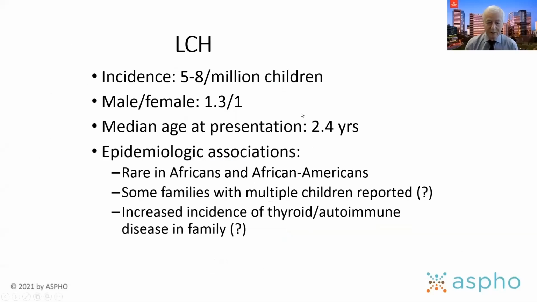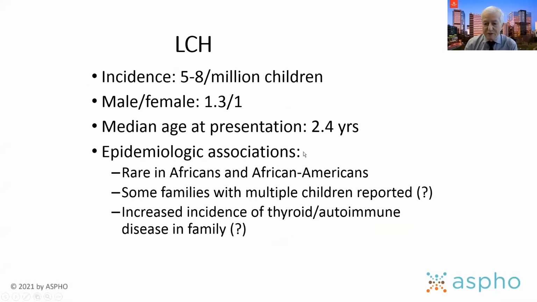So like some of the other diseases, it's relatively rare. Its incidence is 5 to 8 per million, with a male-female ratio just a little over 1. These are typically young children on average, but obviously they present from birth through adulthood. For reasons that we don't understand, it's rare in Africans and African Americans.